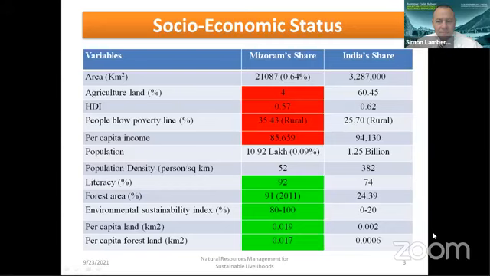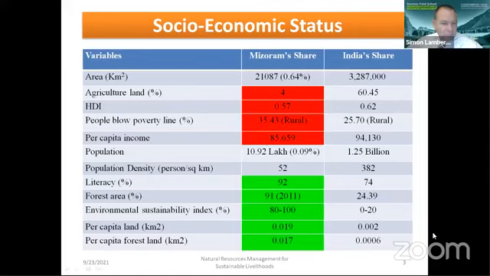The environmental sustainability index is 80 to 100%. So the environmental quality is very, very high, because 91% of the area is under forest. Therefore, it is a very healthy climate, so people can enjoy this climate. I will talk about how we can develop tourism for livelihood sustainability in this region.